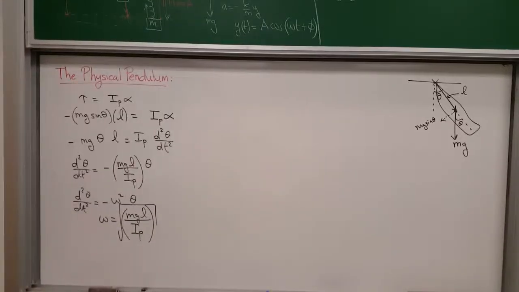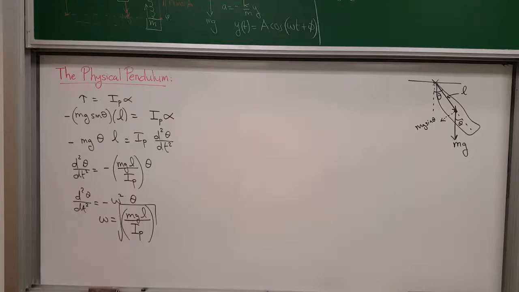So here is an example. You have a student in a biomechanics lab who measures the length of his leg from hip to heel to be 0.9 meters. And it asks, what is the frequency of the pendulum motion of the student's leg? Let's assume that the student's leg is like a rod.